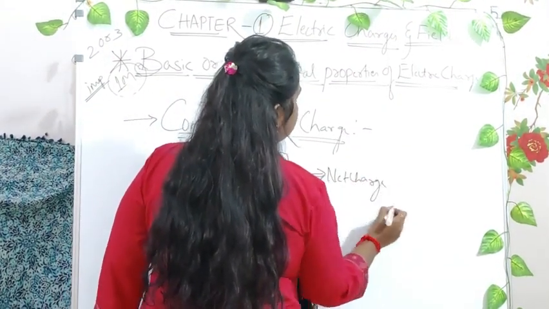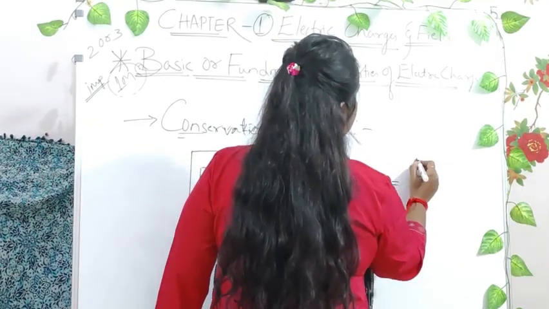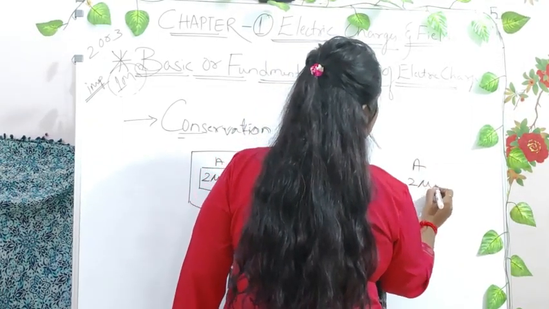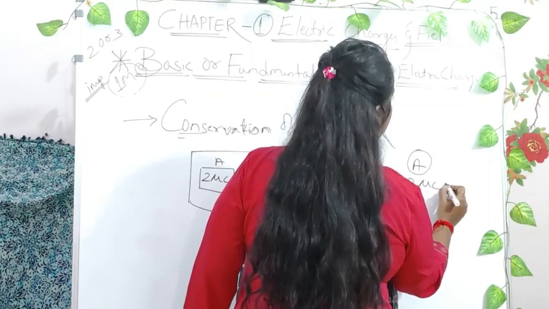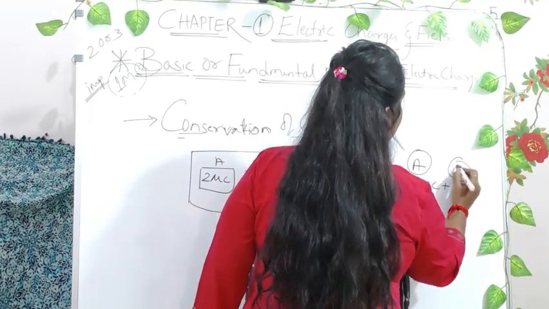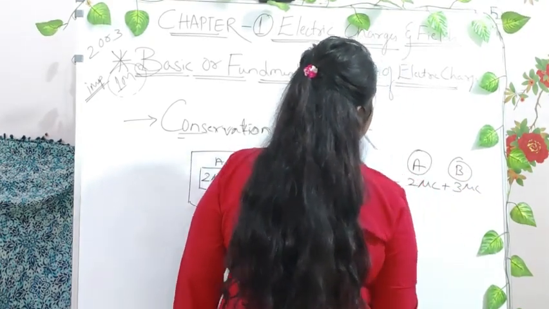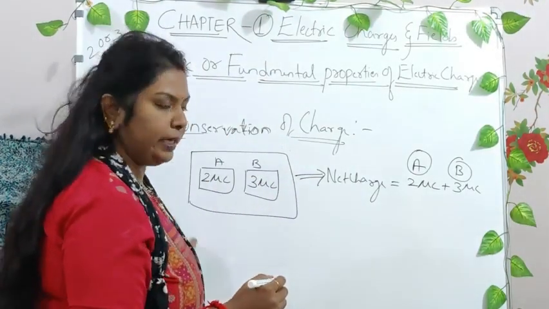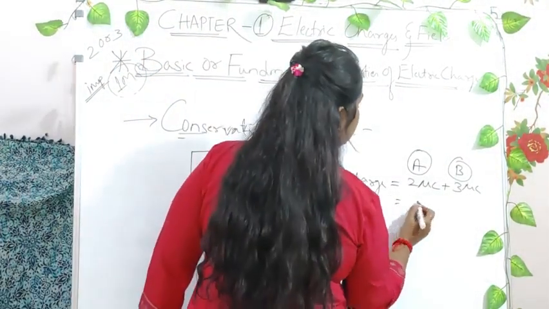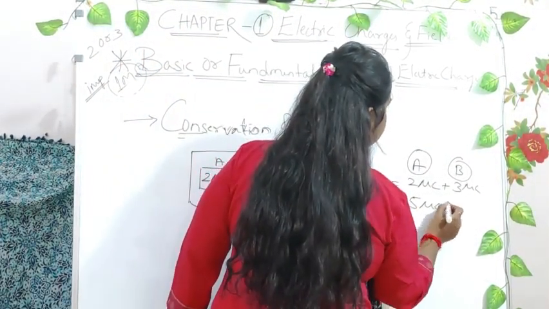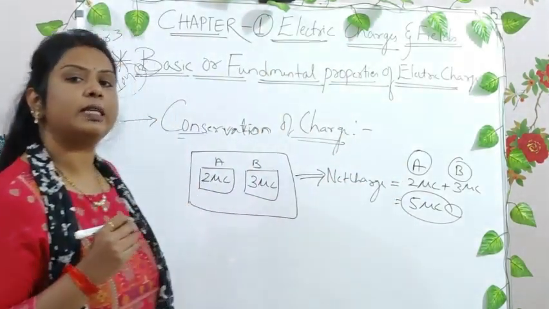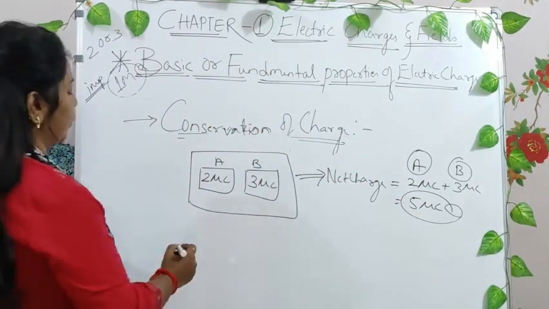The net charge of this isolated system will be, due to A, 2 microcoulomb, and due to B, 3 microcoulomb, so the net charge will be 5 microcoulomb.